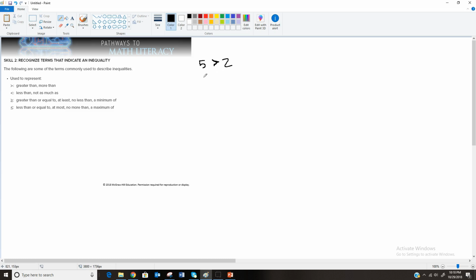Less than, if we put the smaller number on the left, so say -1 is smaller than 8. So -1 is less than 8. Then if we do the symbols with the equal sign underneath, greater than or equal to, less than or equal to, it just means that you can actually include that number.